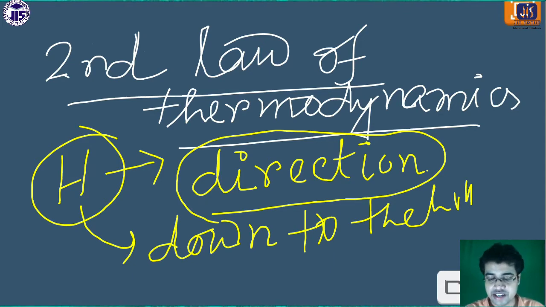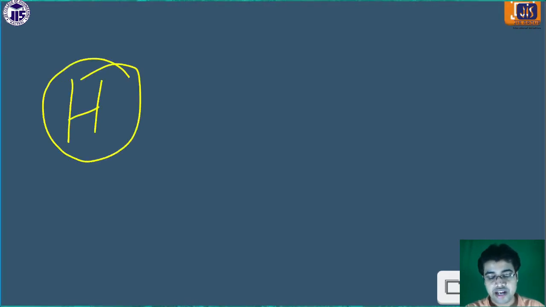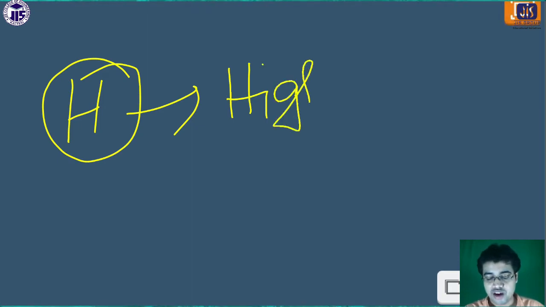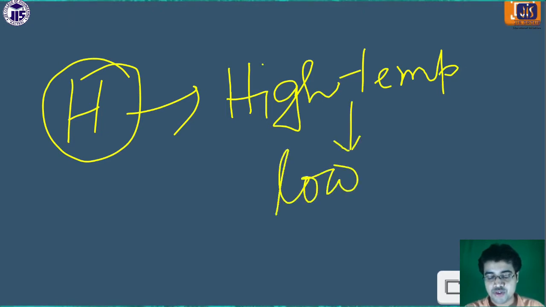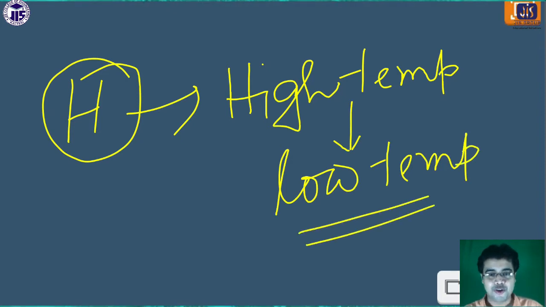This indicates that heat always flows from high temperature to low temperature. It is the very general form of the second law of thermodynamics.